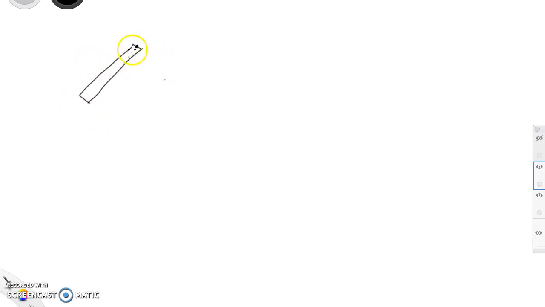So it's a meter stick, so it has a length of 1 meter. Let's say it has a mass of about 60 grams or 0.06 kilograms, and let's say that it has at this moment an angular velocity of 2 radians per second. So let's find the angular momentum of this object.